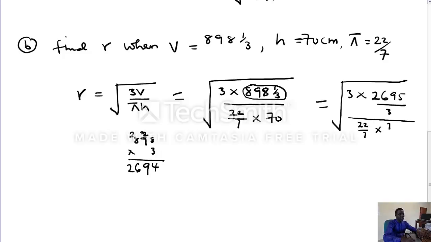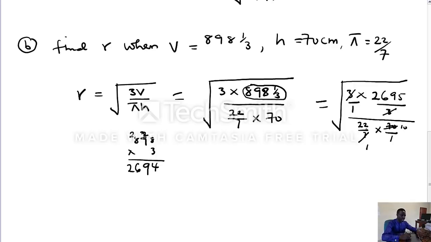Divided by 22/7 times 70/1. So I'm going to simplify the numerator as well as the denominator, of which this is over 1. 3 will divide itself, and in the denominator, 7 into itself is 1, and 7 into 70 gives us 10.